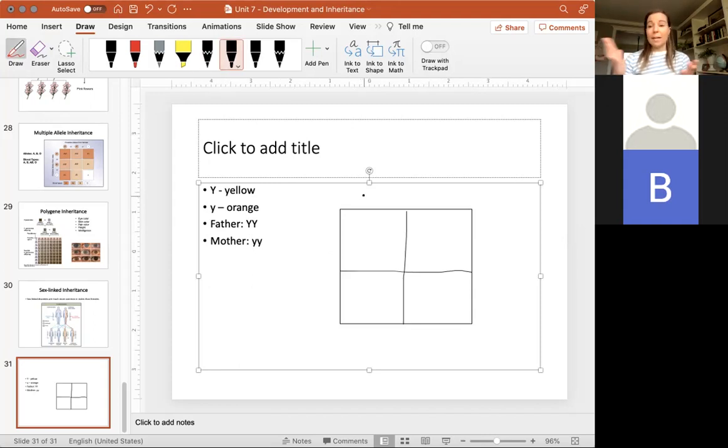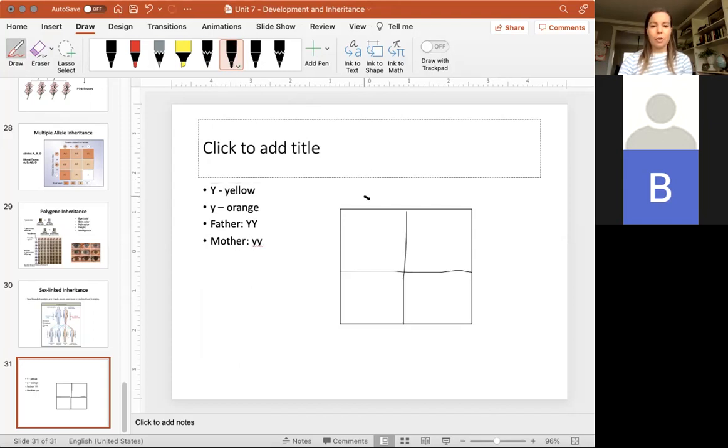So we do, and it doesn't matter. You can do mom on top, dad on top. This time we'll do the mother on top. So we'll do the lowercase y. And for the father, we have 2 uppercase Y's. Okay. So we'll bring these down first.